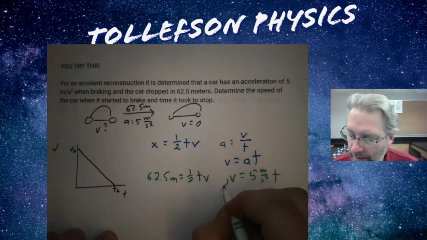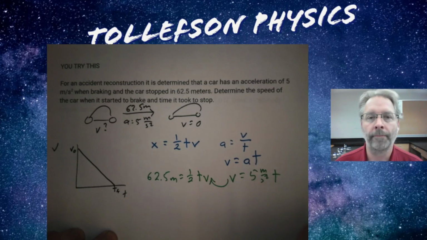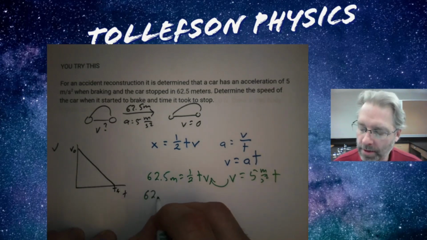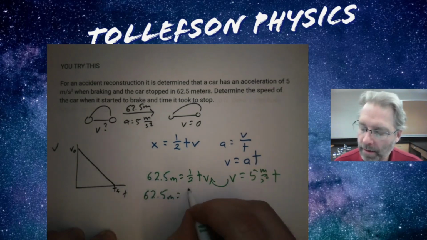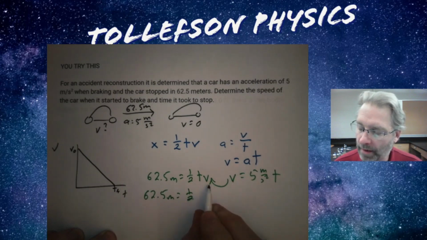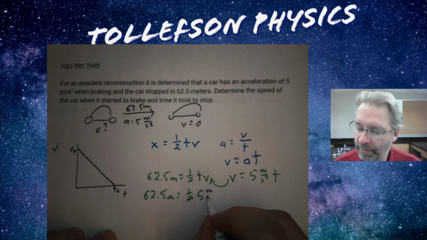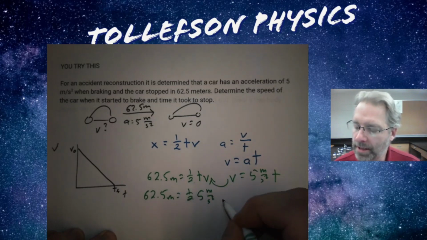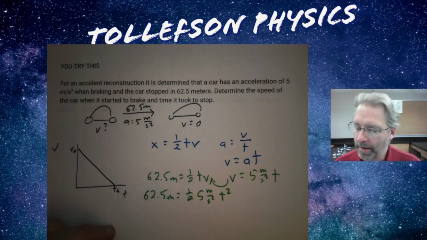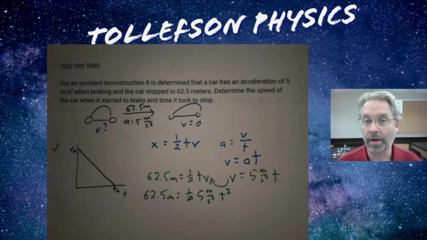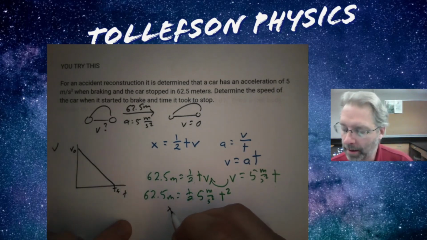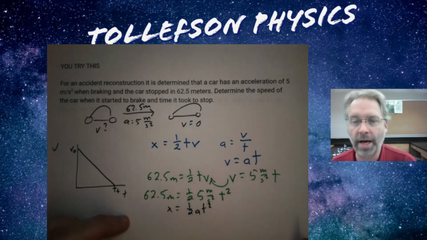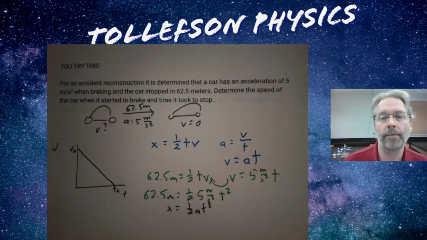When I substitute that in for velocity, I'm going to move the 5 first because I like my numbers first, and then I have a t times a t, so that's t squared. This looks awfully familiar for another kinematic equation, which is 1/2 a t squared when starting velocity is 0.